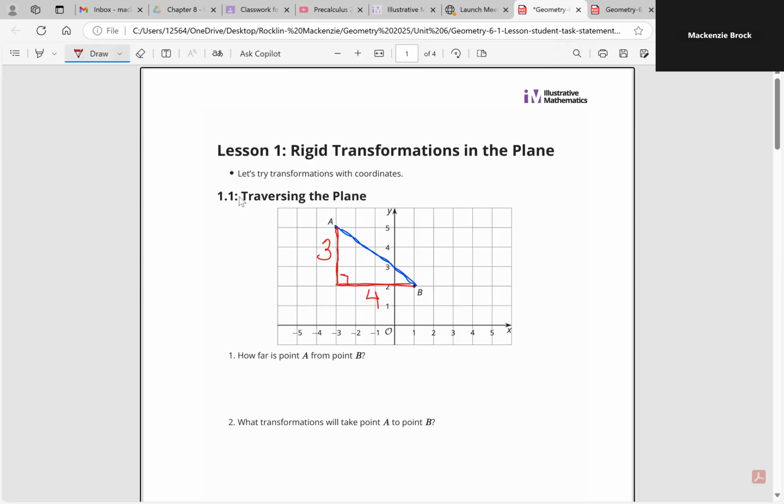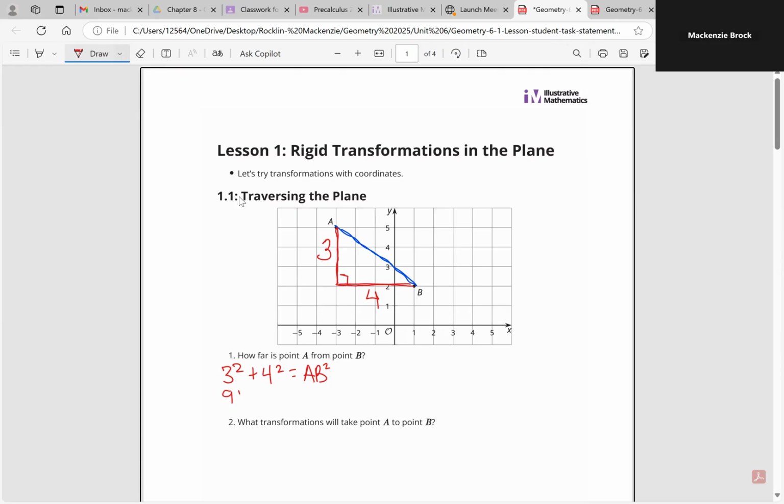So some of you may recognize that this is a Pythagorean triple because my sides are 3 and then 4. Or if you don't recognize that, that's fine. You can use the Pythagorean theorem. AB is the line we're looking for. That's why I put AB squared.